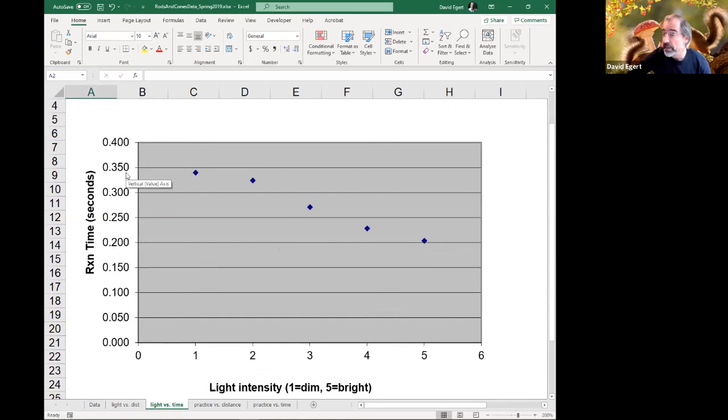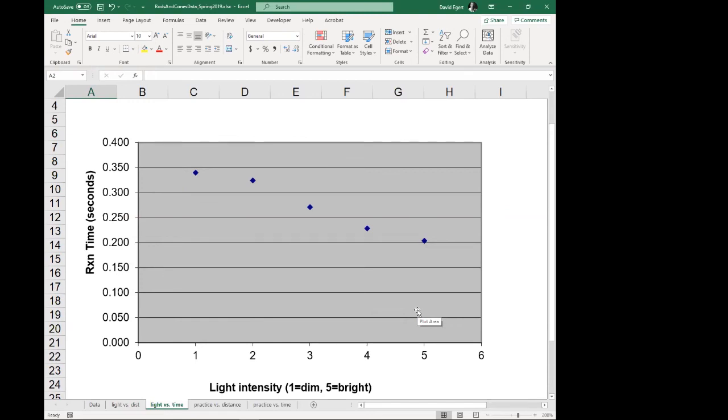Here is the amount of time before they caught it, about 0.35 seconds under the dimmest, about only 0.2 seconds in the brightest. So what is this telling me? Is this supporting my hypothesis or not? Yes, most definitely.